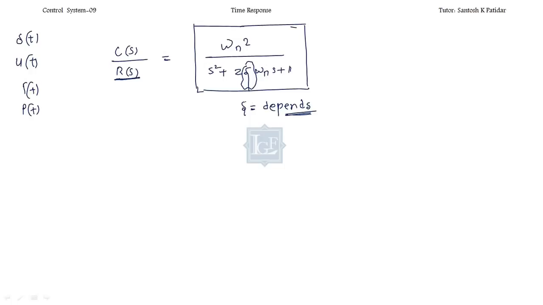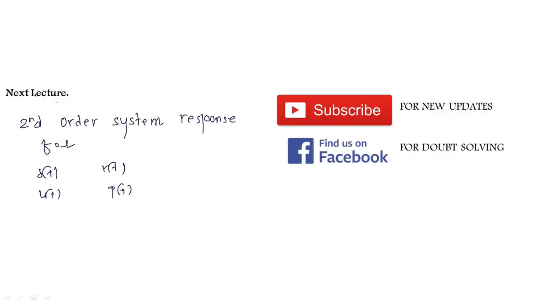So this is all about today's lecture. In the next lecture we'll see the second order system response for these input signals.